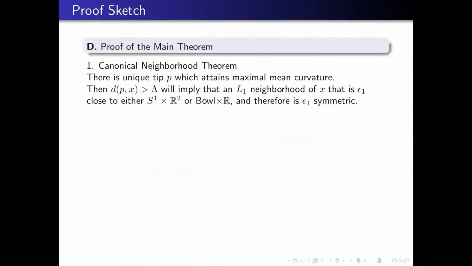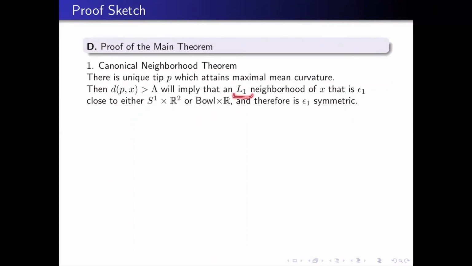Next is the proof of the main theorem. We first need a canonical neighborhood theorem. This theorem roughly says that if we have a unique tip that attains the maximal mean curvature, and a point is sufficiently far away from this P, or away from a compact set around P, each point is sufficiently close to either one of the models.